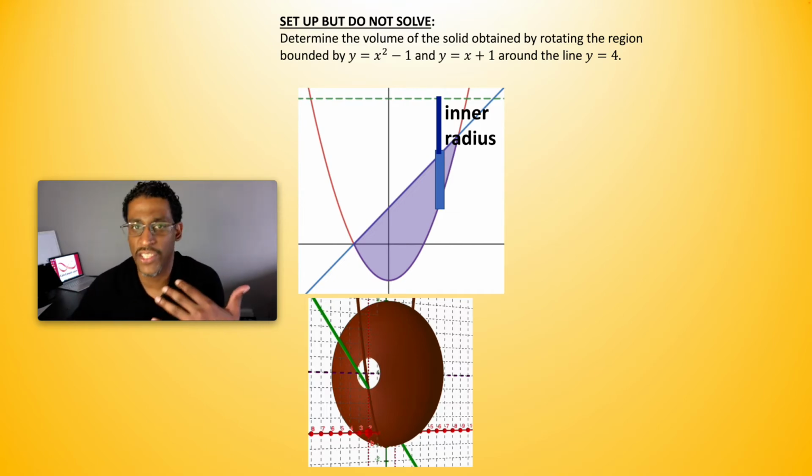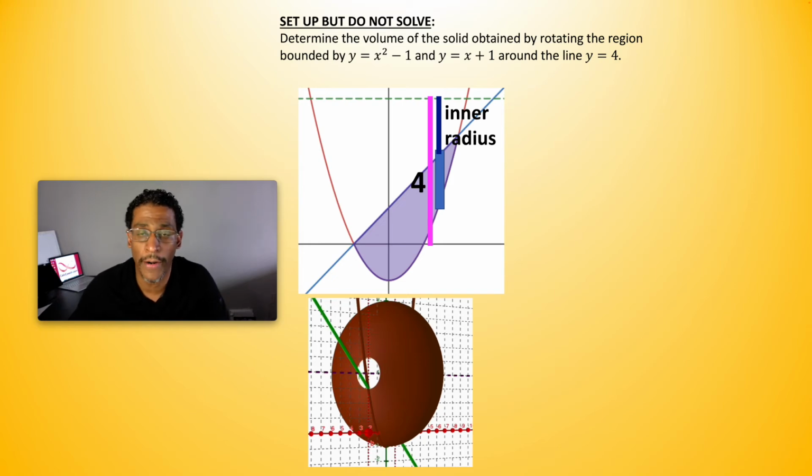When you have the axis moved away from the x or y axis, then the radius becomes some kind of addition or subtraction based on how far you are from the x or the y axis. To get this distance, we'll recognize that there are 3 distances at play. There's the distance that we're looking at, the inner radius. There's how far you are removed from the x-axis, 4.